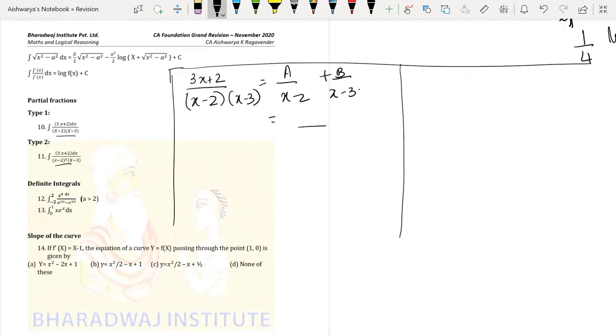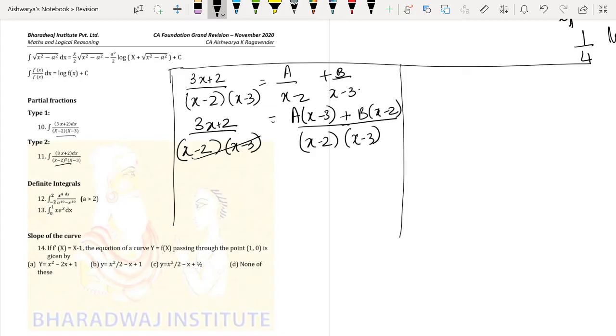So now when I take LCM I will get x minus 2 into x minus 3 in the denominator, and in the numerator I will get x minus 3 into a plus b into x minus 2. Here I will have 3x plus 2 divided by x minus 2 into x minus 3. So these two terms will get cancelled and this is what you will be left with.